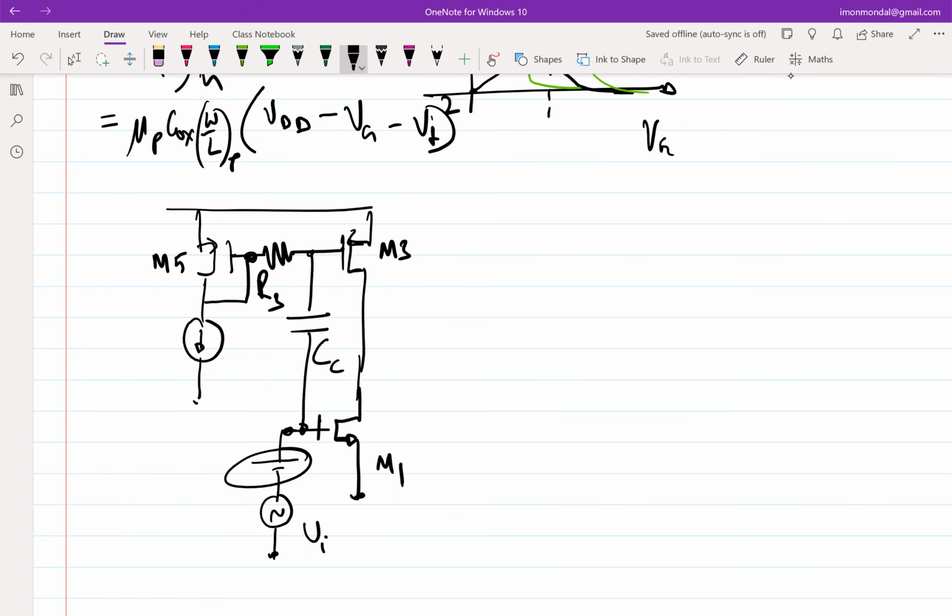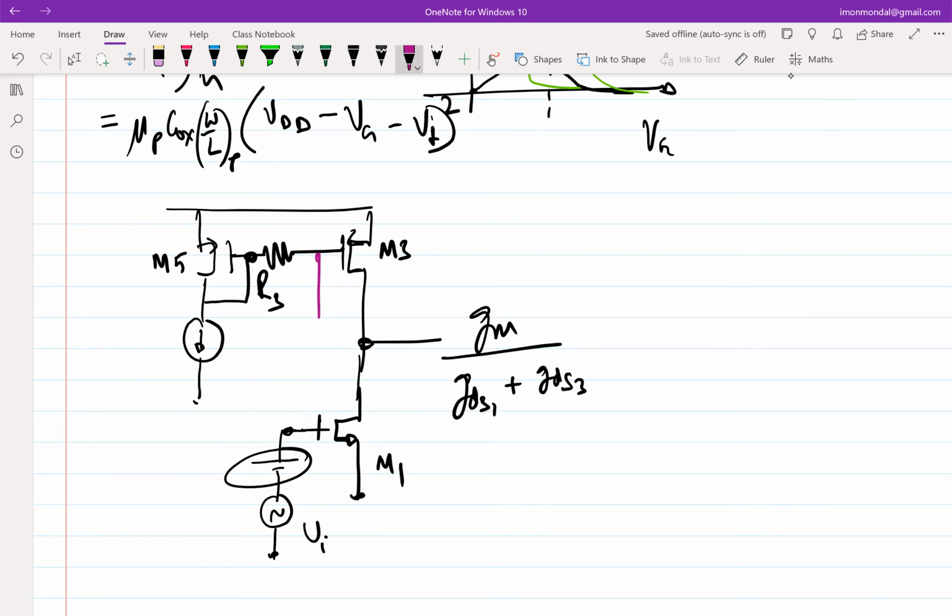The CC? Okay, so if I don't have it, what is the incremental open loop gain? GM1 by GDS1 plus GDS3. Now, if I have it, and assume at signal frequency the capacitor is shorted, what will be the open loop gain?